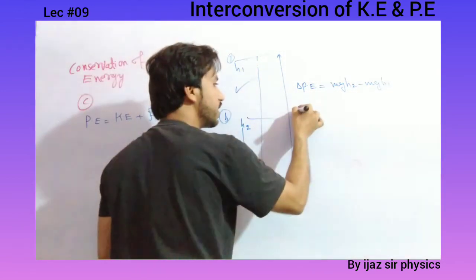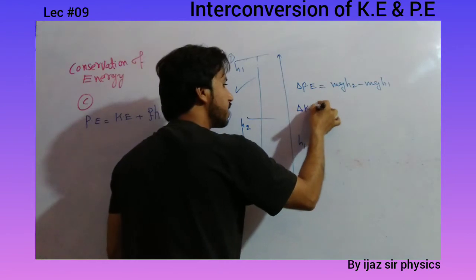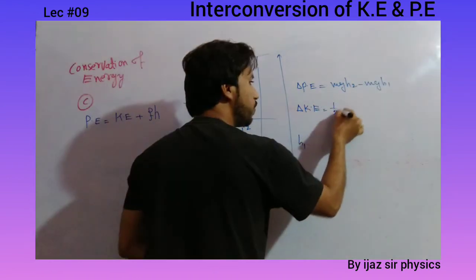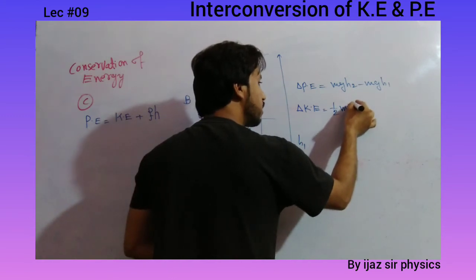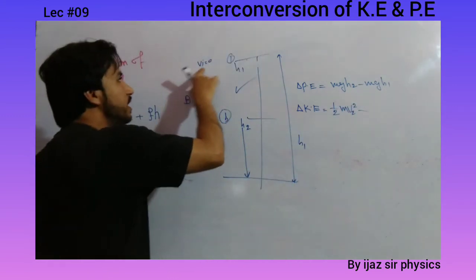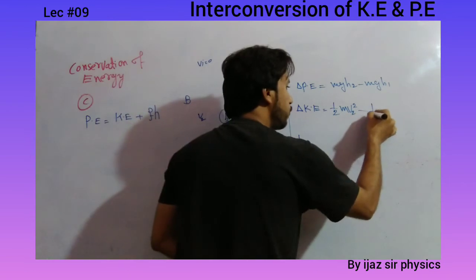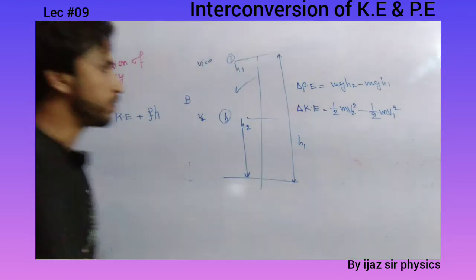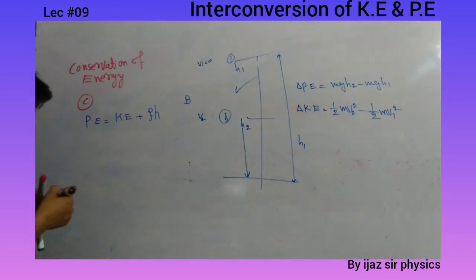So the change in kinetic energy is equal to the higher kinetic energy at this position, 1 by 2 mv2 square, minus the lower kinetic energy at this position, 1 by 2 mv1 square. Putting in values, what will be the kinetic energy?